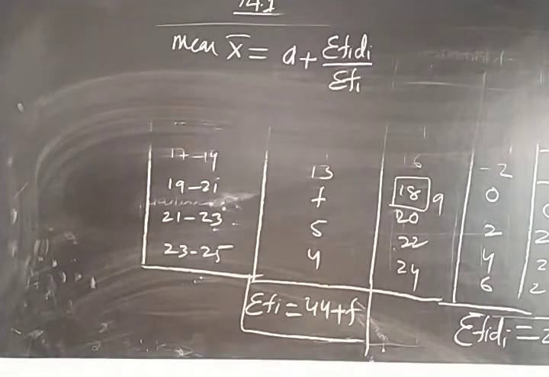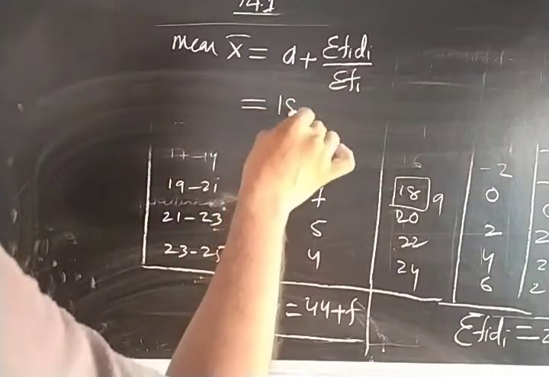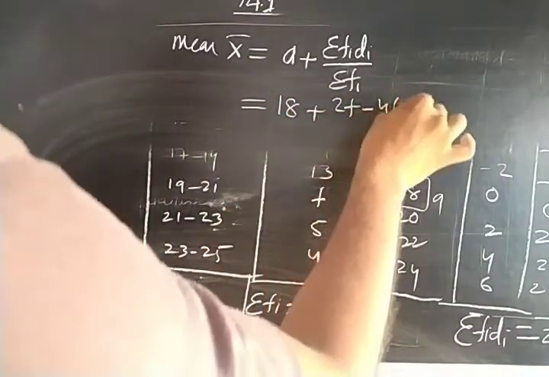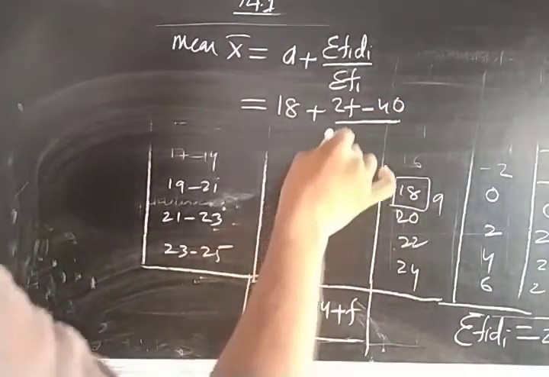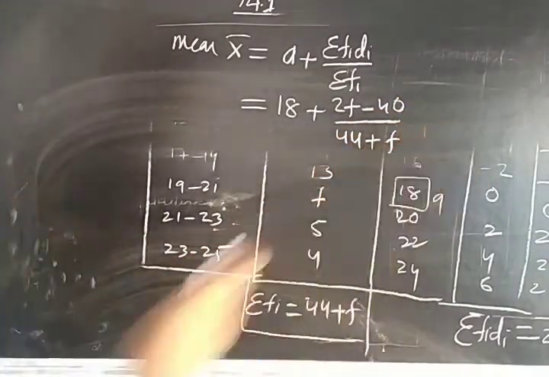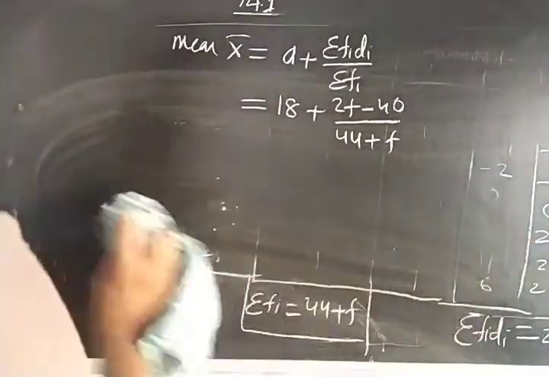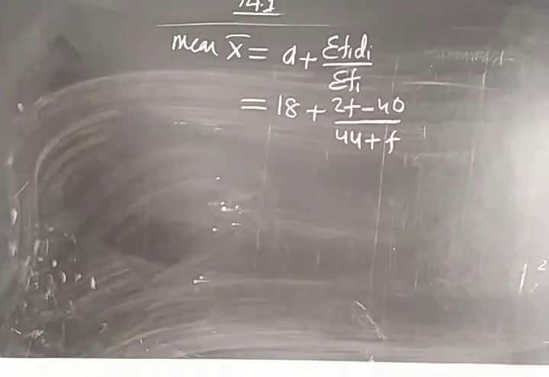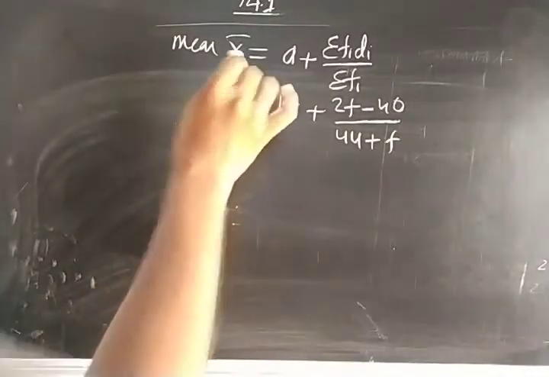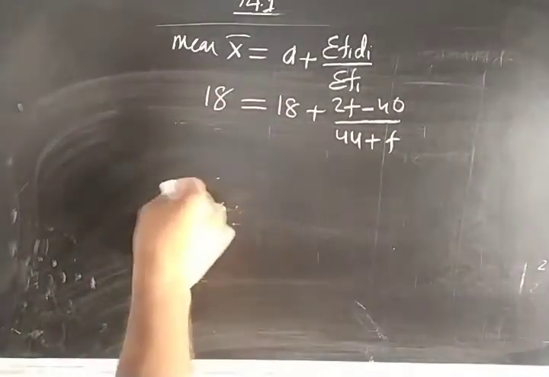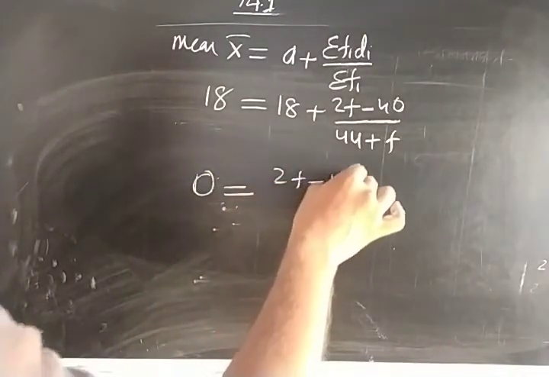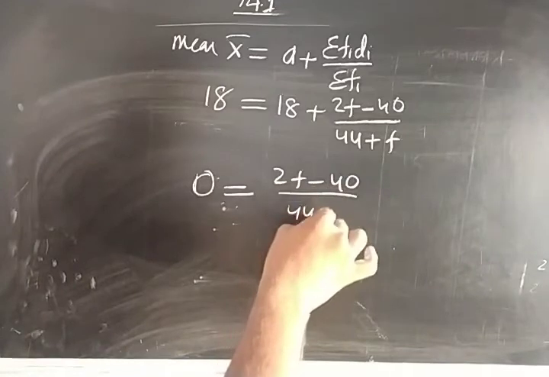The assumed mean is 18, summation fi into di is 2f minus 40, and summation fi is 44 plus f. The given mean is 18 rupees, so substituting 18 and sending it to this side, you get 0 equals 2f minus 40 by 44 plus f.